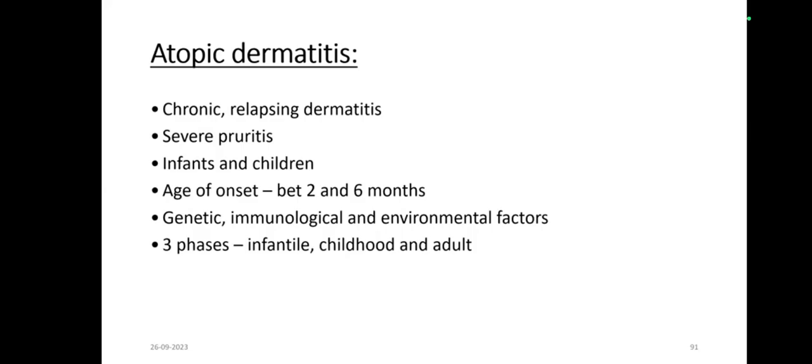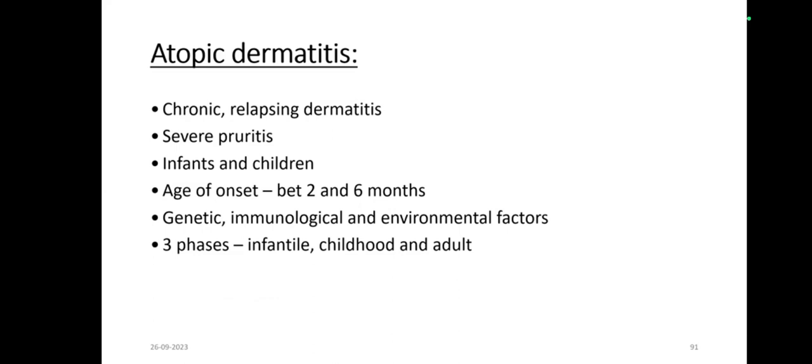Next is atopic dermatitis. It's a chronic, relapsing, itching clinical condition seen in infants and children and usually related to a hereditary or immunological factor. There are 3 phases for atopy.